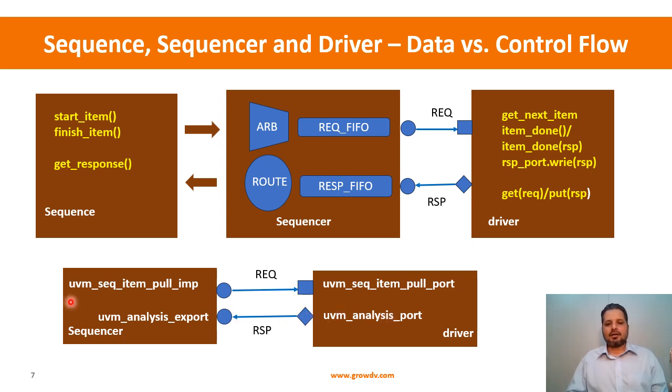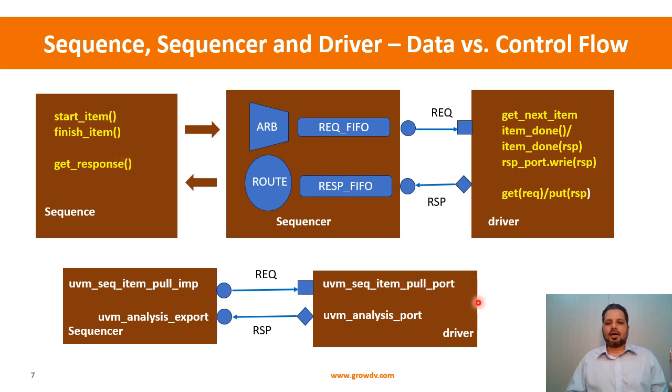There is one UVM sequence item pull imp present within the sequencer, and a UVM sequence item pull port present within the driver, and these two need to be connected. This is the path through which the requests flow. So what really happens is that the driver pulls the sequence item via the sequencer and from the sequence. That's the way communication works.